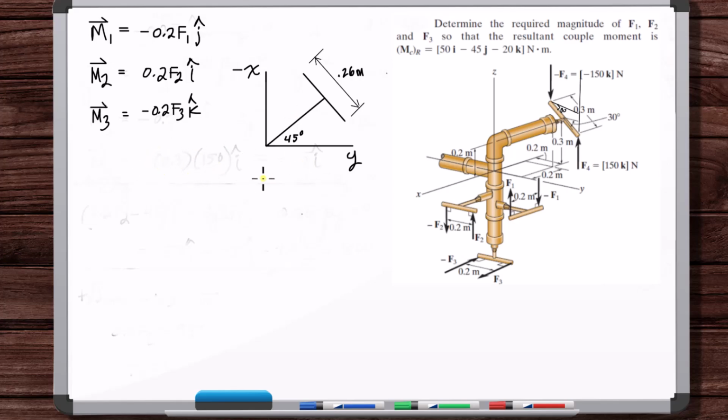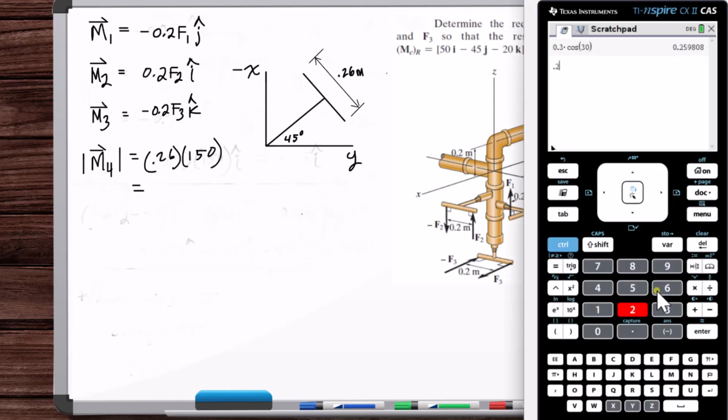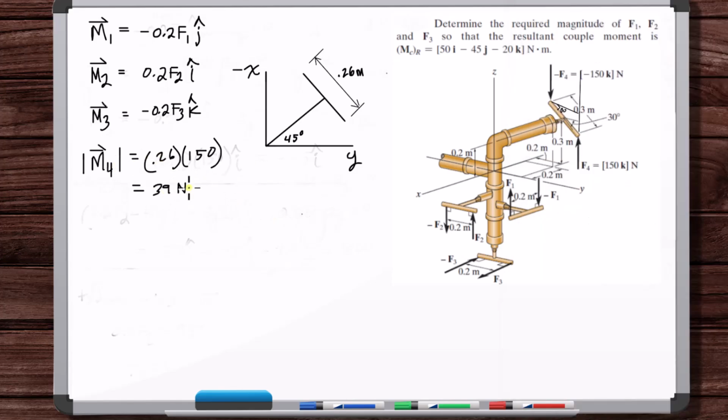So the magnitude of M4 is 0.26 times 150, which is 39.